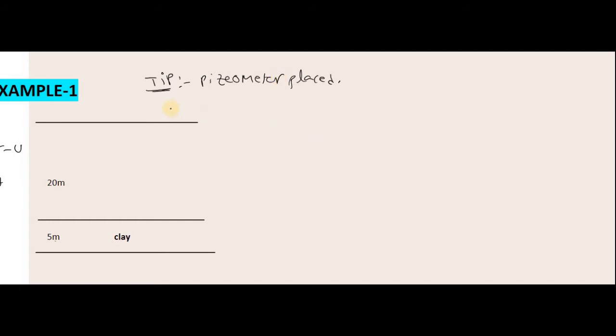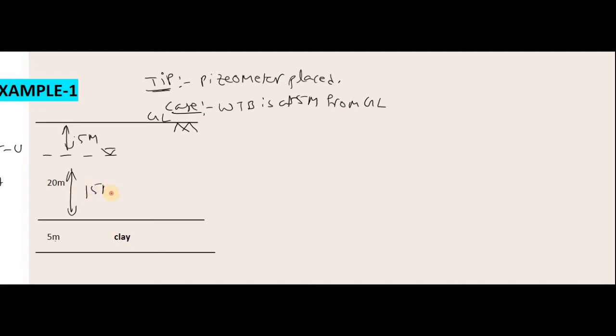So the first case is, initially the water table is at 5 meters from ground level. This is ground level, here is the water table, this is 5 meters and this is 15 meters.